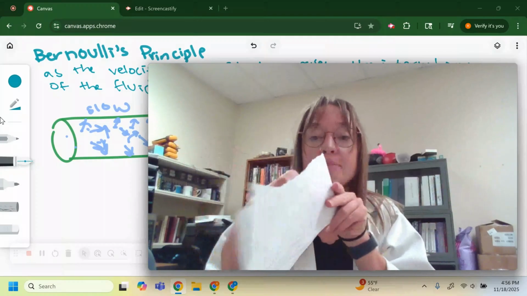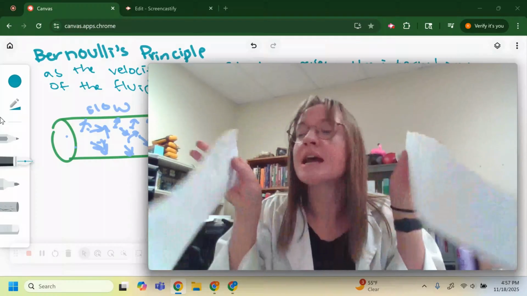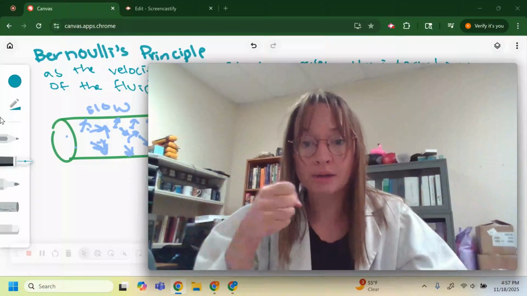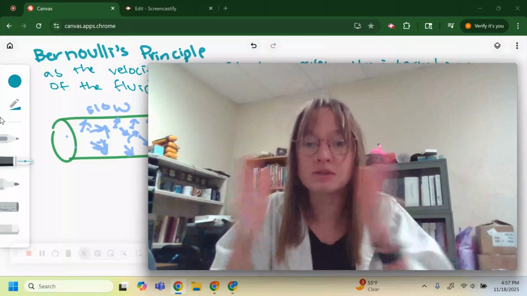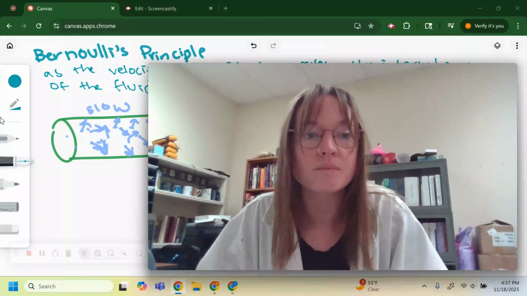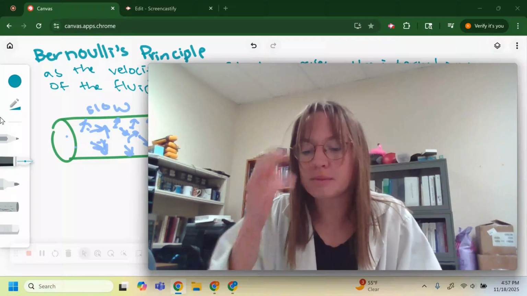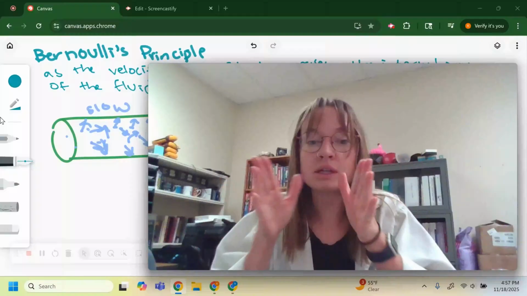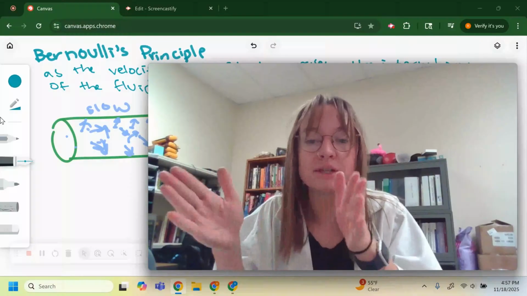So you've got high-pressure air here, high-pressure air here, and low-pressure air between them because it's moving fast. If you've got high pressure pushing you this way and low pressure pushing you this way, the high pressure is going to win, and it pushes them both towards each other. So that's what we see. That's a great example of Bernoulli's principle: once you have a faster-moving fluid between two things, it drops the pressure and the higher pressure wins over the lower pressure.